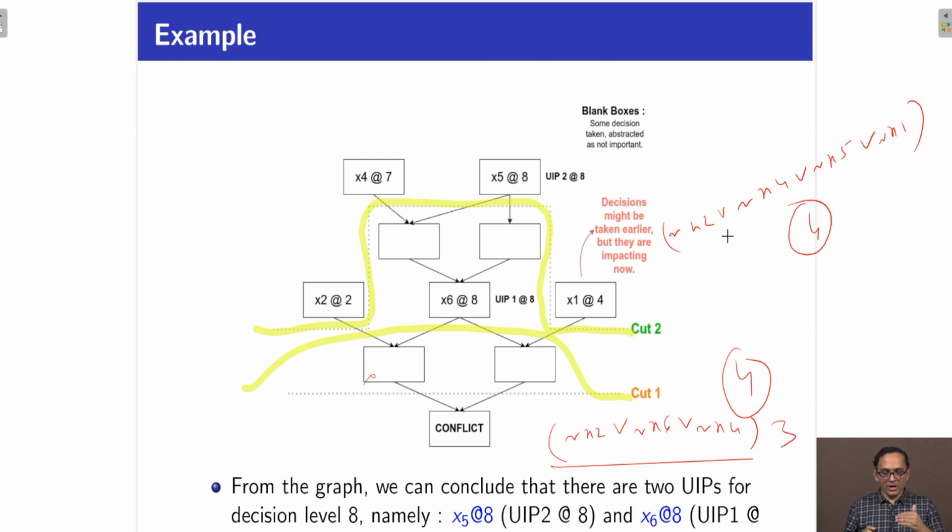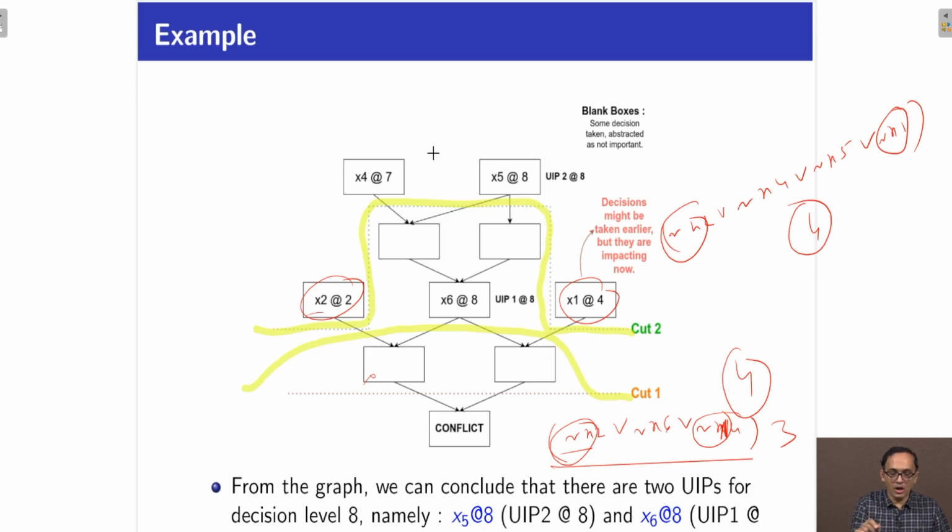So, why is this happening? Because other root nodes occur here, right: x2 and x1, so not of x2, not of x6 and not of x1. So, other root nodes are present here, here and here, right. The problem is that the first UIP ensures that this is the only literal from this level.